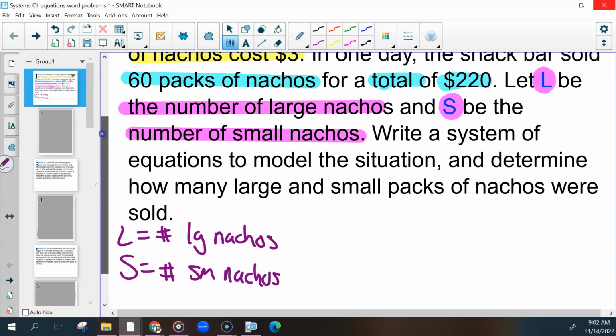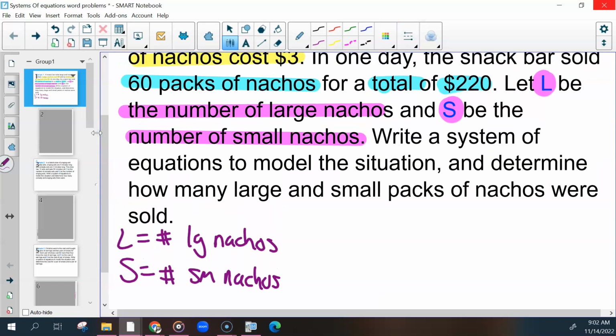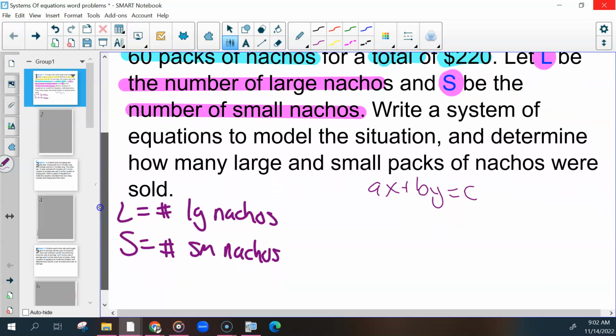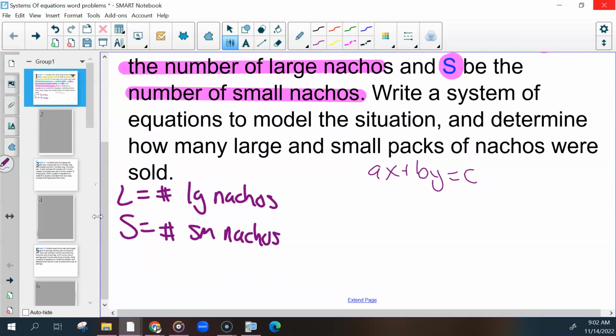I know that because we're comparing two different things, large and small nachos, we're going to be using the equation that looks like this, but with different variables. L and S could be your A and B or X and Y. It does not matter. I would say probably X and Y more so.